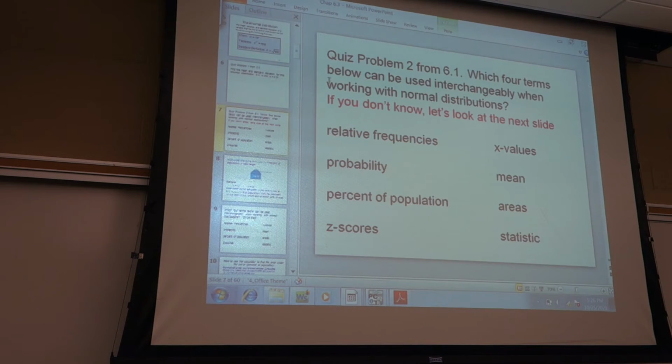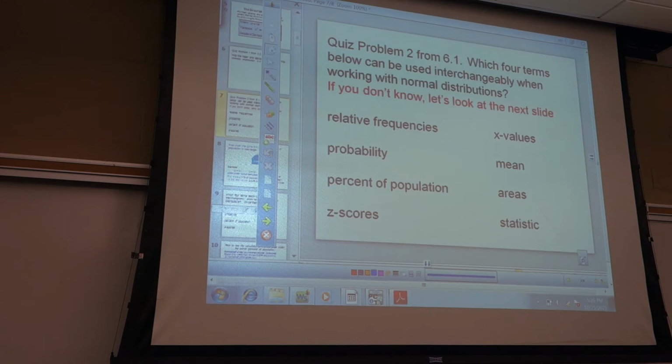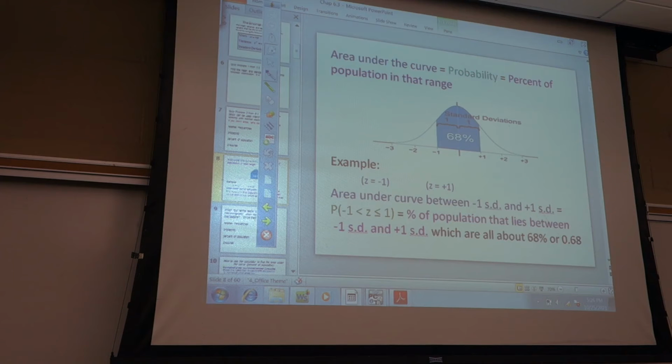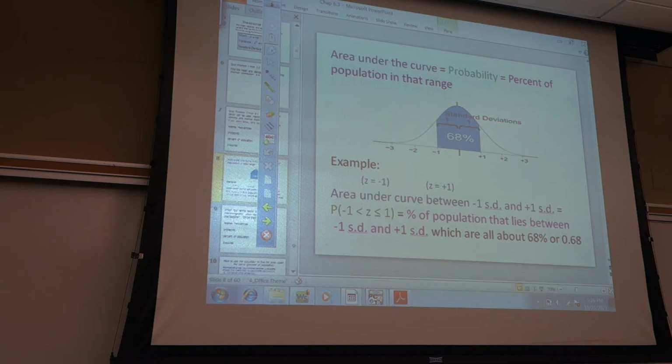There's problem 2. Which 4 can be used interchangeably? Was anybody unsure about this? Okay, we'll take a look. Everybody read this. Try to make sure you check your answers.